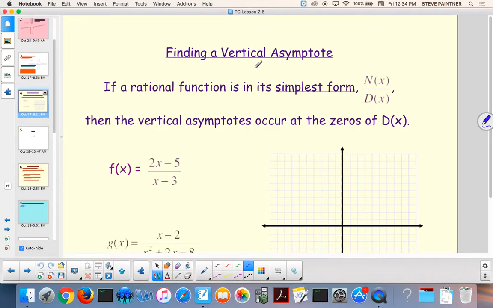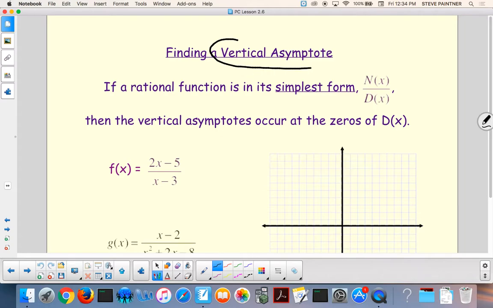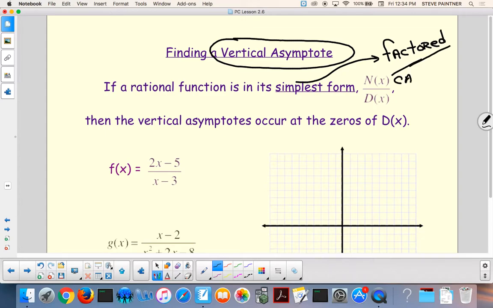Okay, vertical asymptote. If a rational function, which is a fractional function, is in simplest form, which means it's already been factored and canceled, so you cancel out what you can, then you've got a numerator and a denominator.